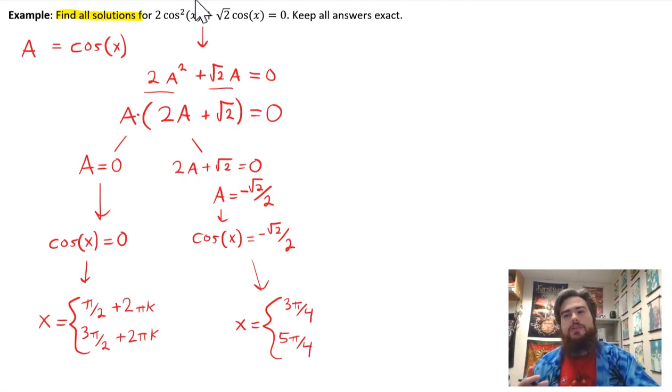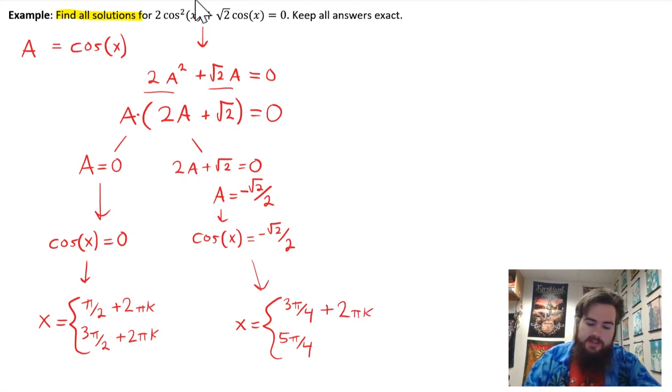Note that if you use the traditional set of values for the infinite solution set for arc cosine, you would get 3 pi over 4 and possibly negative 3 pi over 4. But that would mean the same thing here. Still, though, we need the full infinite solution set, so also plus 2 pi k on each of these solutions.